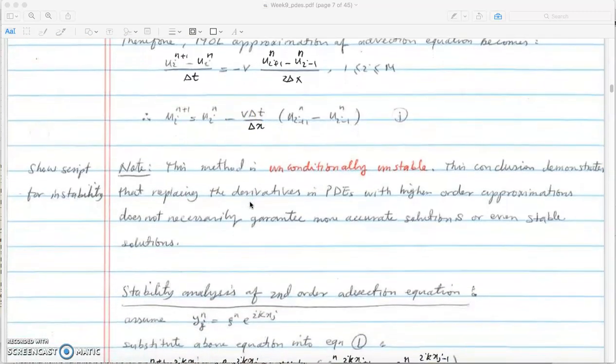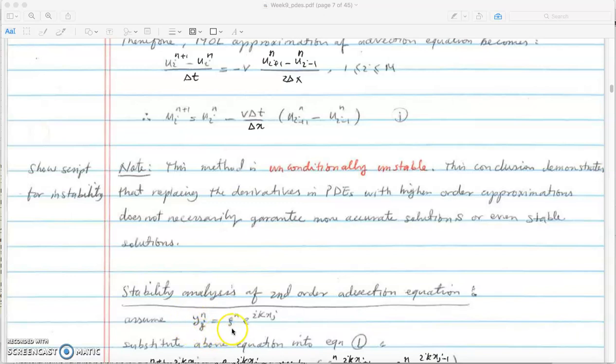So we're going to do von Neumann stability analysis, and if you remember, to do that, we replace our generic variable u_j^n, where n is the time index and j is the x index.